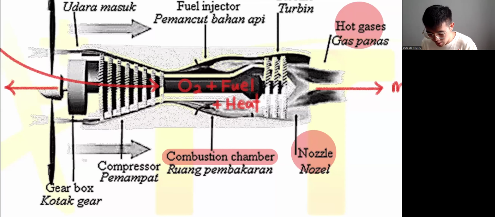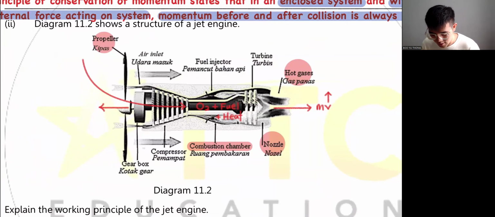And then as long as you have the oxygen and the fuel mixed together in the combustion chamber, the fire will start. So the idea is, like I said, the propeller has to be big so that we can draw in more air. We want more air to be sucked into the combustion chamber.